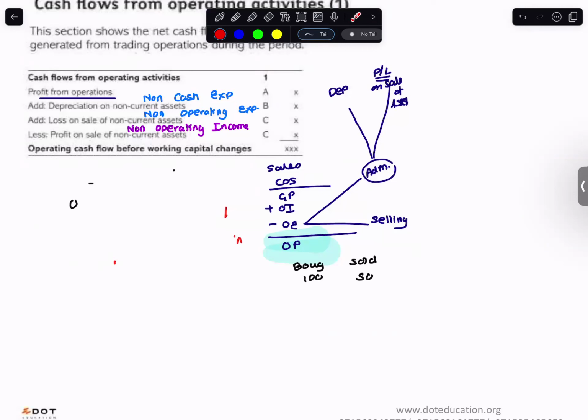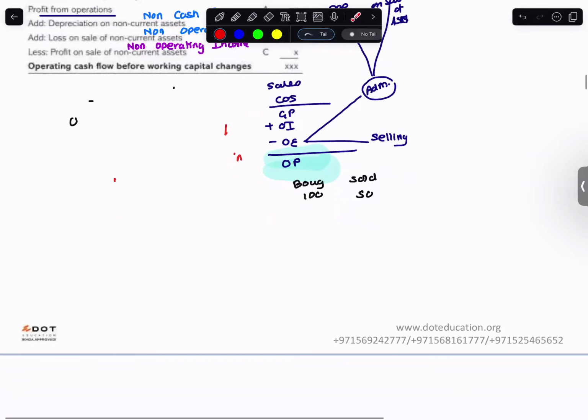One is depreciation, part of your admin expenses, which does not affect your cash flow, so you add it back. You add your loss on sale of non-current assets because it's a non-operating expense and cash is not going out. Then you subtract your non-operating income, which is the profit from the sale of non-current assets.